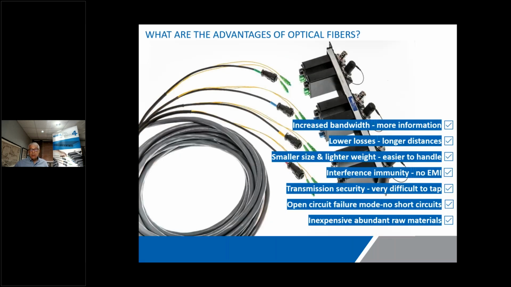In addition to the drastic improvement in bandwidth and losses, there are many other benefits that fiber gives us. Number one, a fiber cable is substantially smaller, substantially lighter, substantially less expensive, substantially more flexible, and has no issues with EMI, RFI, and so forth.